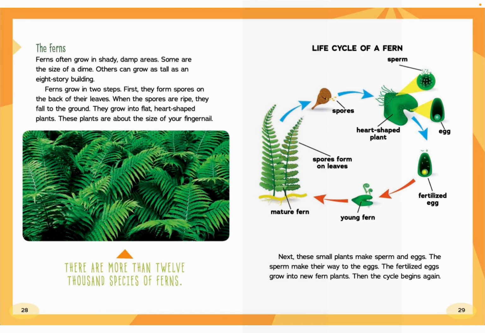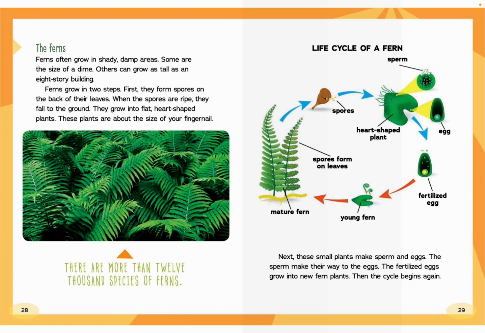Ferns grow in two steps. First, they form spores on the back of their leaves. When the spores are ripe, they fall to the ground. They grow into flat, heart-shaped plants. These plants are about the size of your fingernail. Tiny!